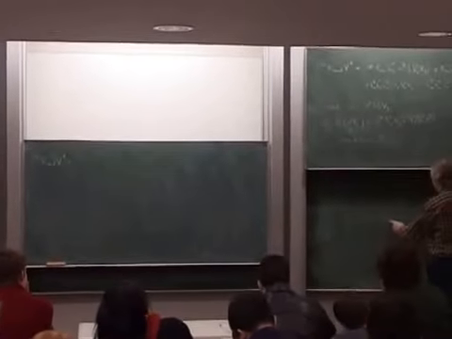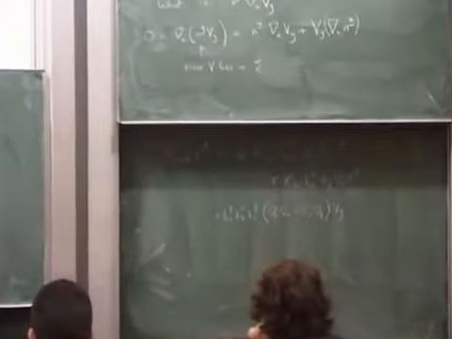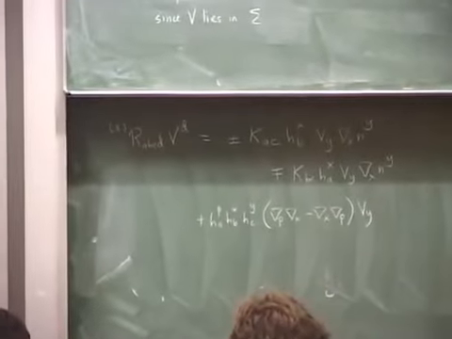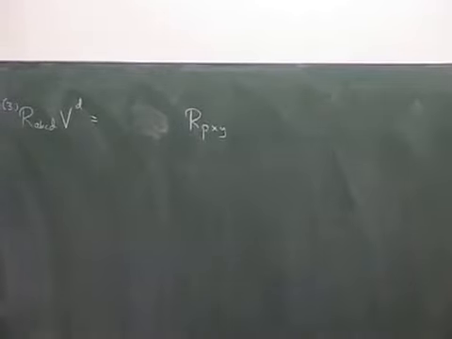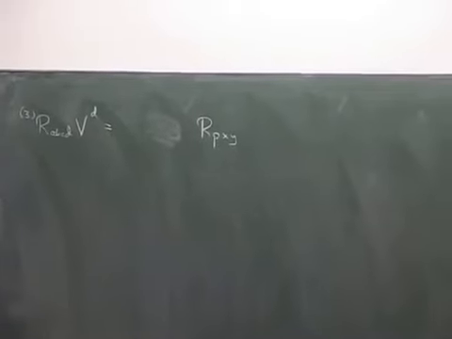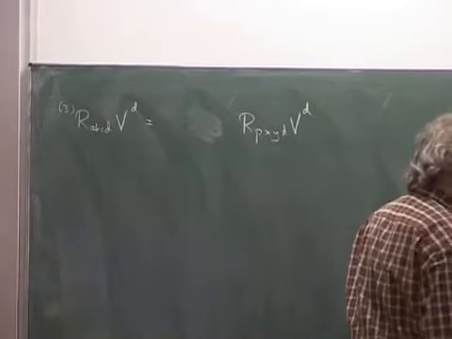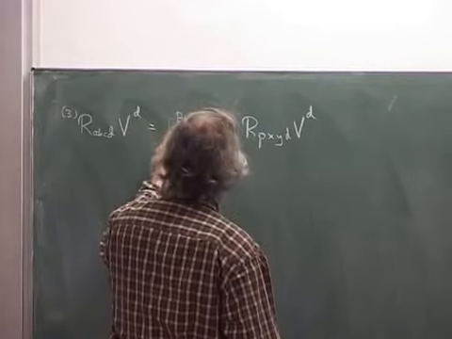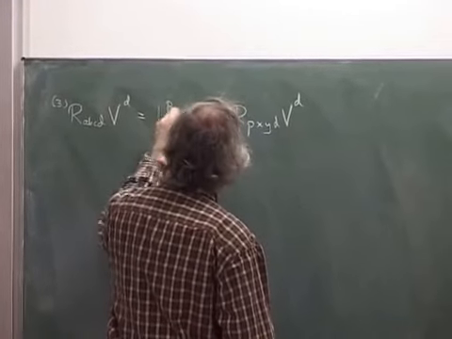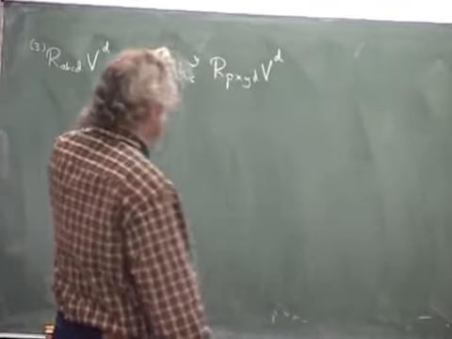This would be R_pxyz, I suppose. Actually, the simplest thing to do is to make the last index a d so that it corresponds to the thing we've got up there. And then there's a projection of h_a^p, h_b^x, h_c^y.